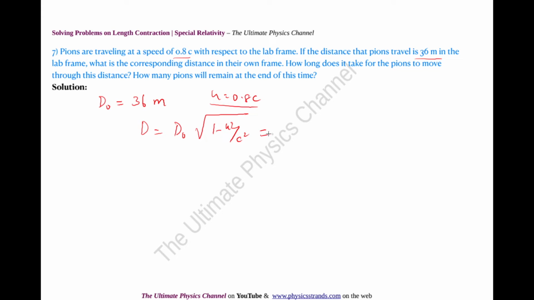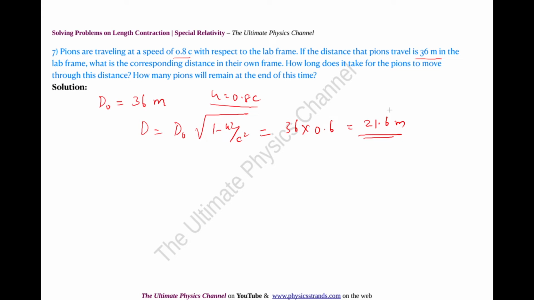If you plug in these numbers, we get 36 times 0.6, and that would be only about 21.6 meters. So though the pions actually travel 36 meters in the lab frame, they would need to travel only about 21.6 meters in their own frame because of length contraction.